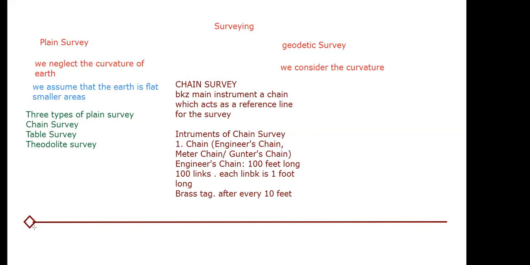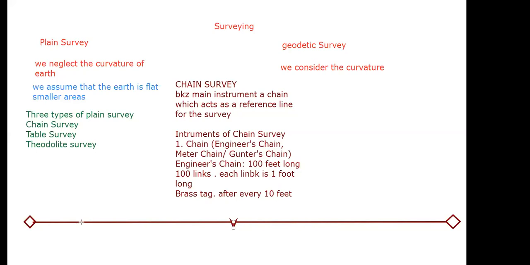So this is the start of the chain. This is the end of the chain, and in between we will have certain brass tags. So first one is, let's make, this is the brass tag.